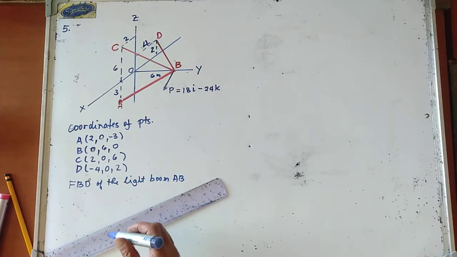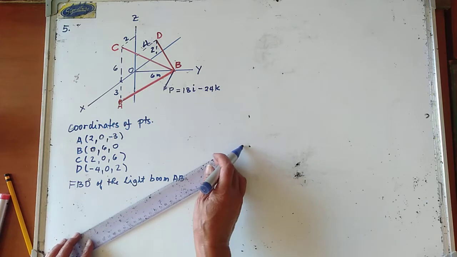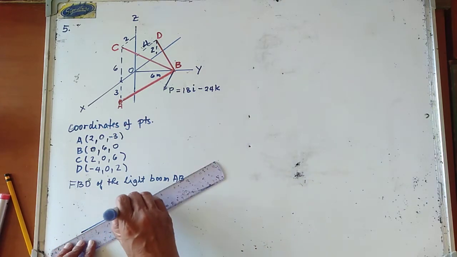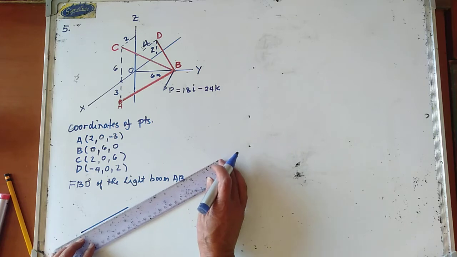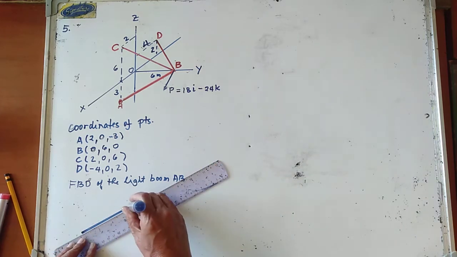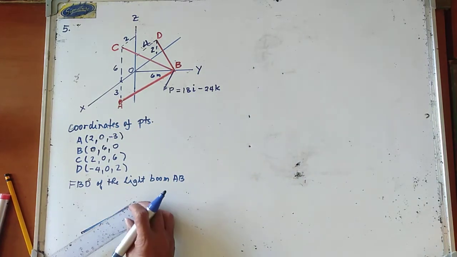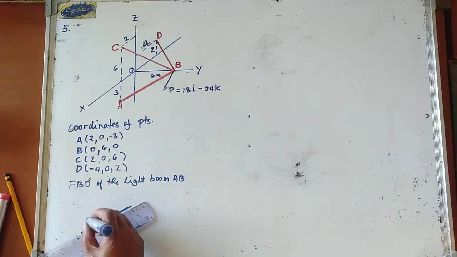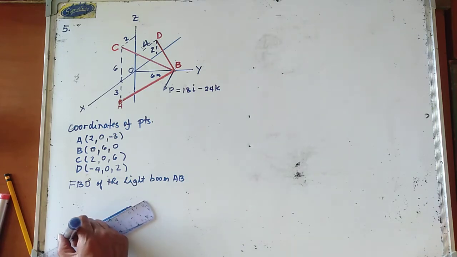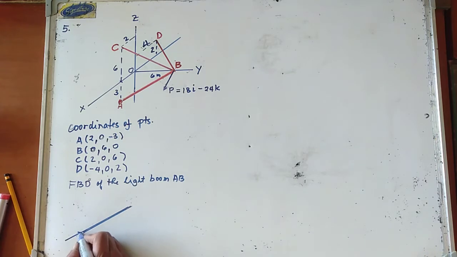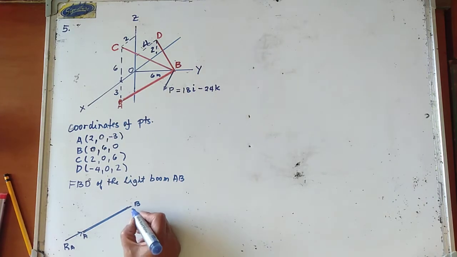So this is now your boom AB. And we have the reaction at point A. So that is RA along the direction of the boom. That is your point A, and this is your point B. So we have your P.